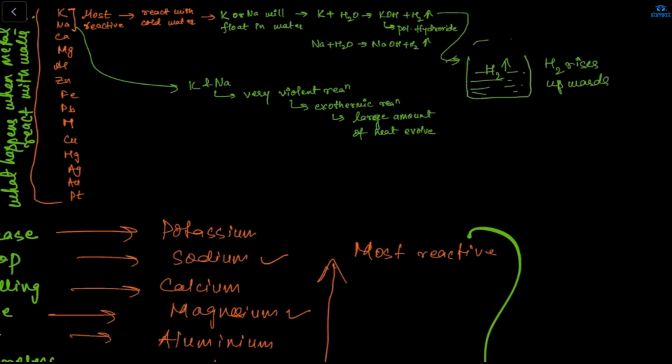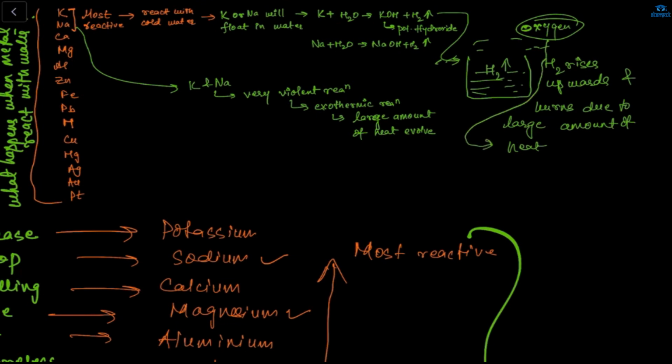In your atmosphere, oxygen is present. If H2 and oxygen react, then what will happen? It burns due to a large amount of heat. Why? Because oxygen is best for burning anything, right?